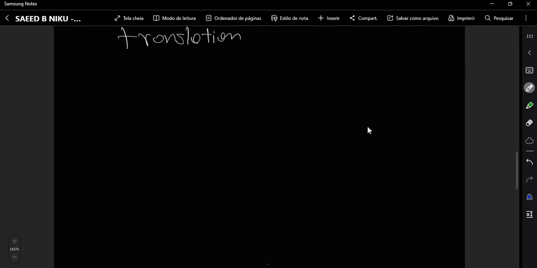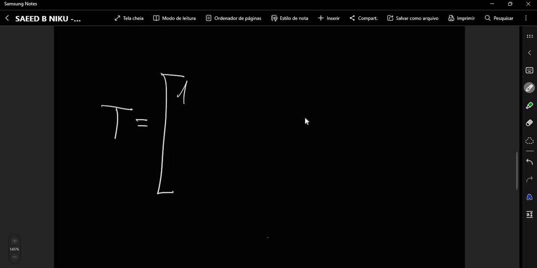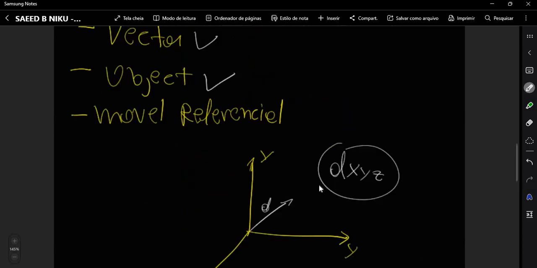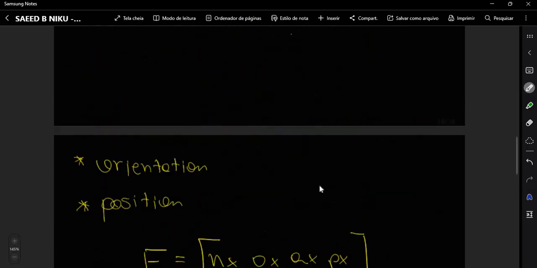Let me skip the text and write the transformation in the form of a matrix, and I'm going to explain this matrix for you. After that, I'm going to read the text, and we can also solve an example. We're going to solve the example 2.6.